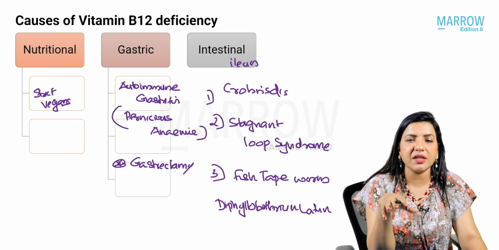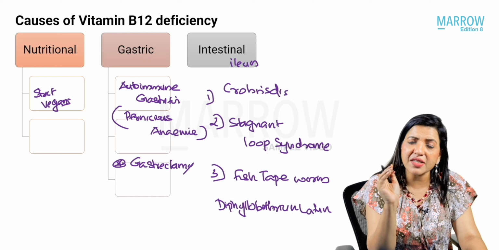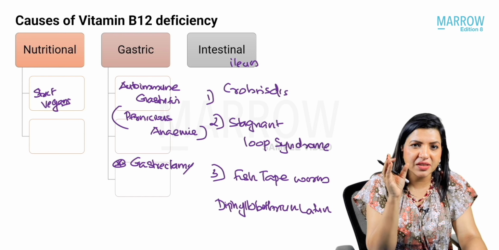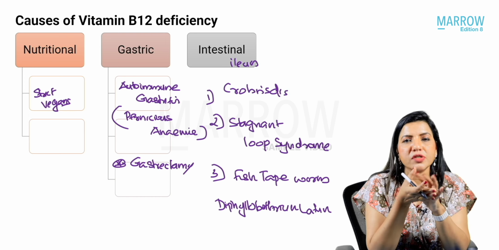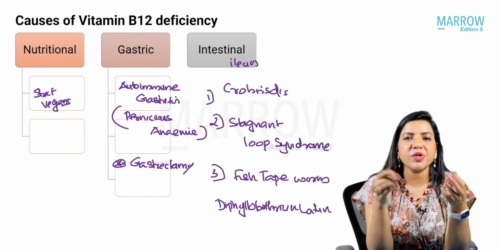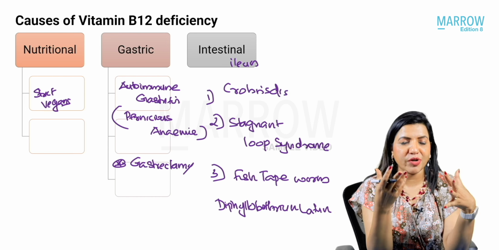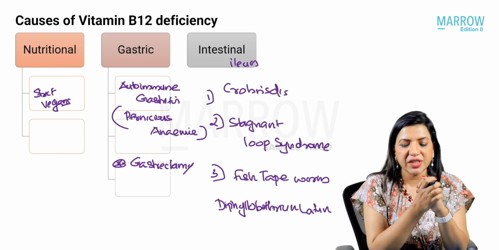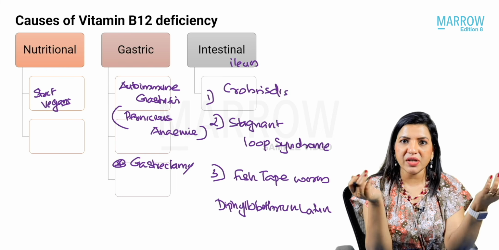If these parasites are infecting us, then there is also deficiency of B12, because B12 is always a favorite food of this fish tapeworm. So the fish tapeworm will eat away all the B12, so there won't be any B12 for our body. So that is how the fish tapeworm is causing B12 deficiency. These are some of the causes of vitamin B12 deficiency.